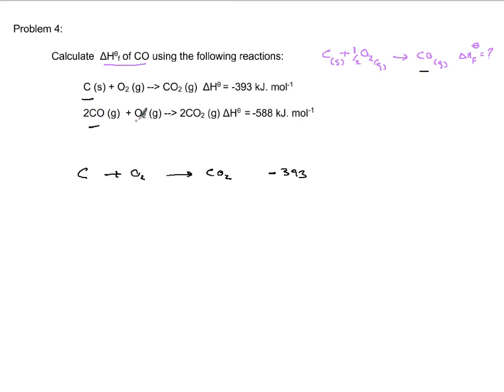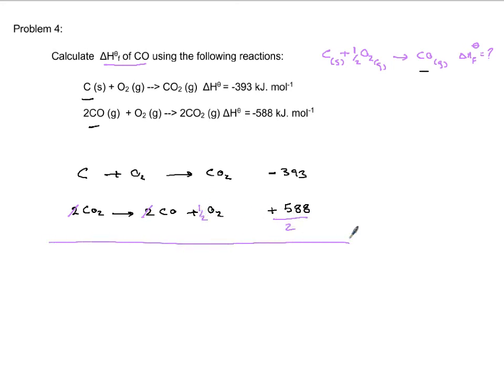So I'm going to reverse that reaction. 2CO2 giving me 2CO plus O2. And I'll change the sign, 588. I'm going to divide it by 2 because I only want 1 carbon monoxide. So I will divide this by 2, divide this by 2, 1/2, divide this by 2.